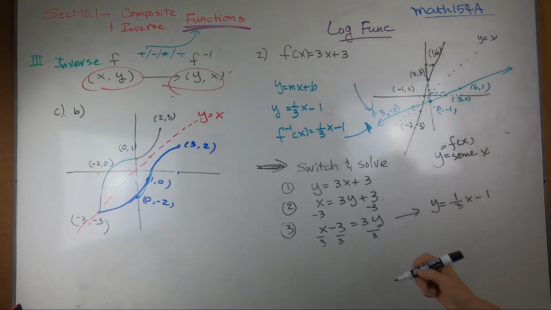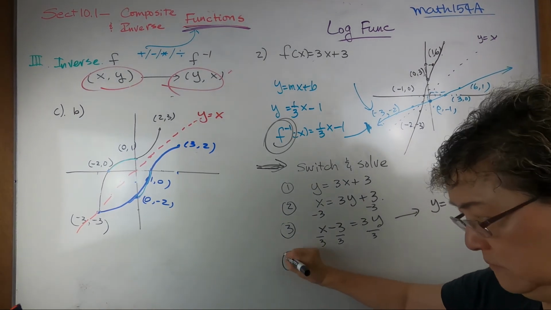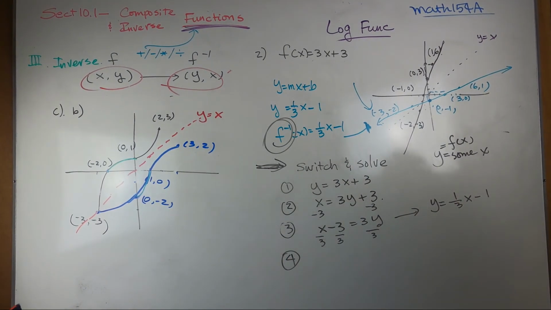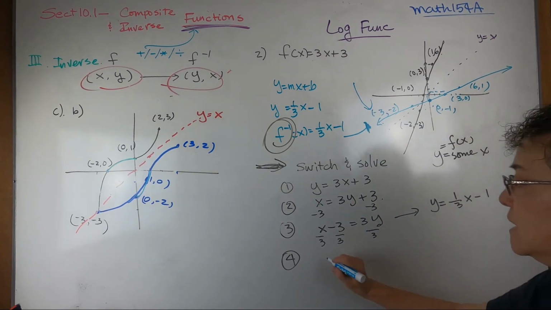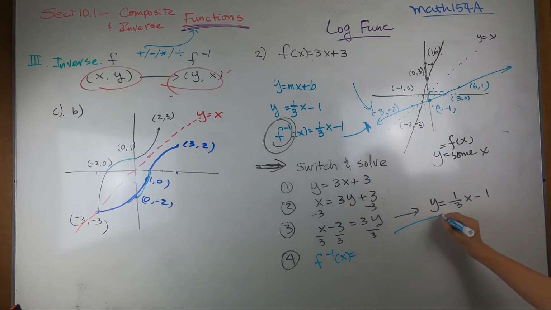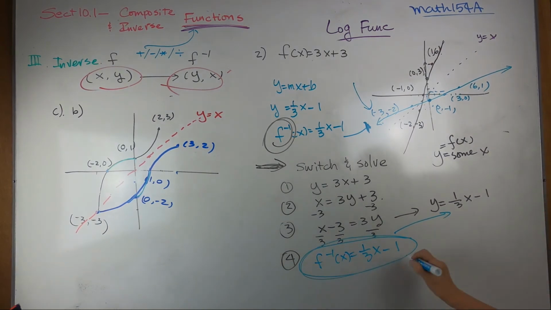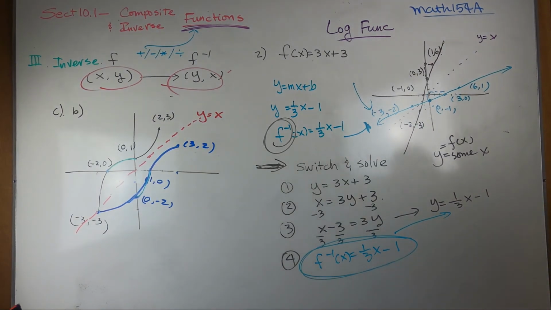The question was to find the inverse. You have to write it in inverse notation. Okay? So you have to do f inverse of x equals this one, 1/3 x minus 1. So that will be your final answer.